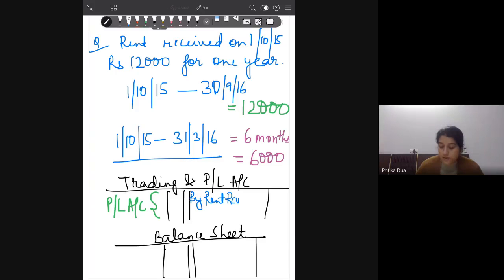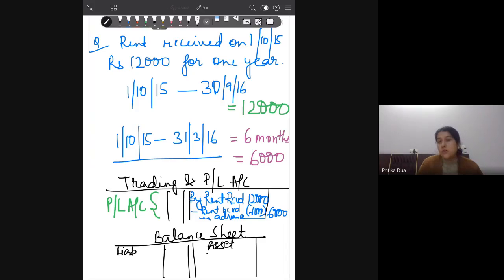Now the amount received is 12,000, while rent received in advance is deducted. So I deduct 6,000 because 6,000 is related to the next financial year, and I get 6,000 in the final amount column. Now the next thing is whether it should come on the liability side or the asset side.